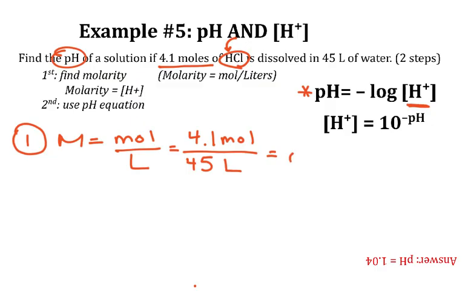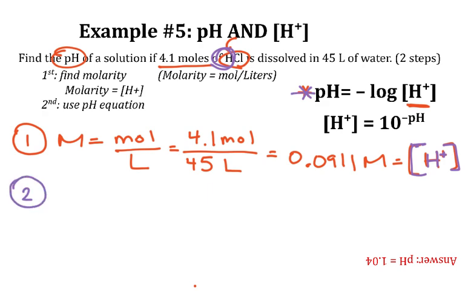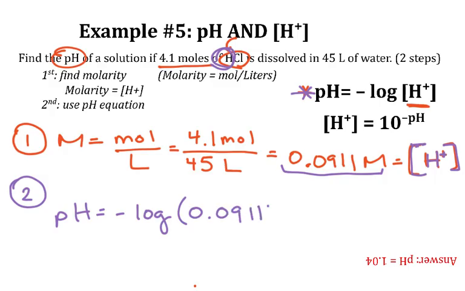And I got 0.0911 molar. Well, that's the concentration of the solution, but that also tells us how many hydrogen ions we're going to have, because it's always going to be that just one hydrogen ion breaks off. So now we know our hydrogen ions, and now we can go to step 2, use our pH equation. pH is going to equal negative log of whatever that concentration we found, 0.0911.